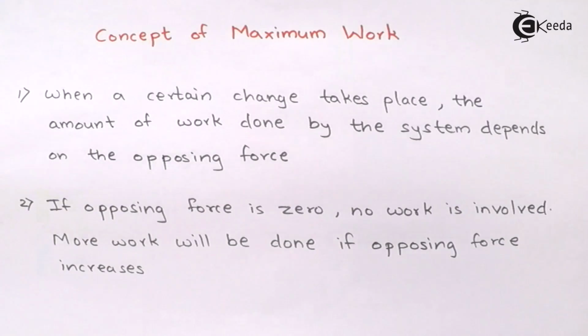Now the next point: if the opposing force is zero, no work is involved, and more work will be done if the opposing force increases. These are the two statements I'm going to focus on. The first says that if the opposing force is zero, no work is involved.